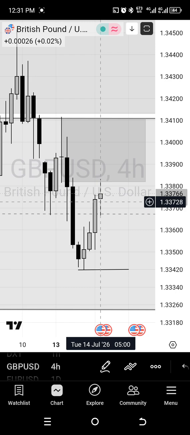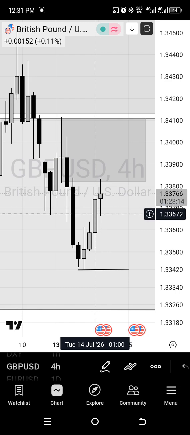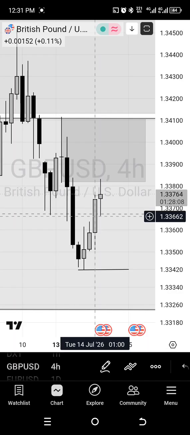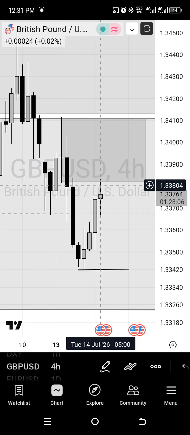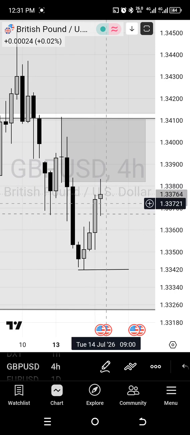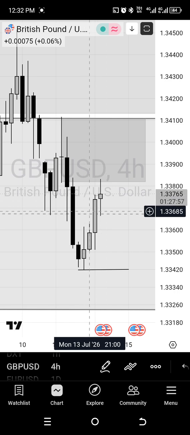We can also use the weekly range, because today is Tuesday. We expect a classic bearish day, today on Tuesday or tomorrow. So using the weekly range.